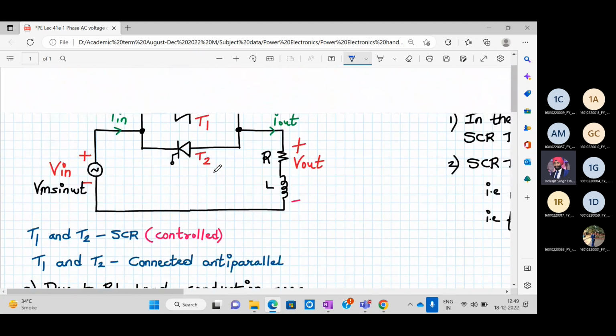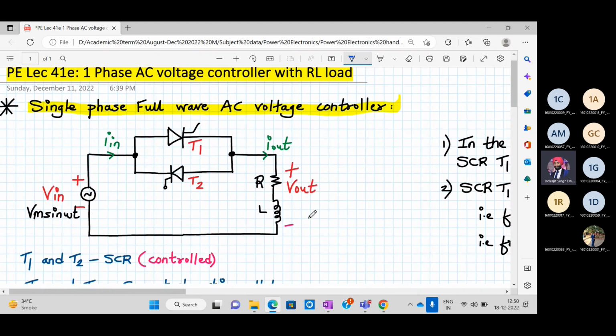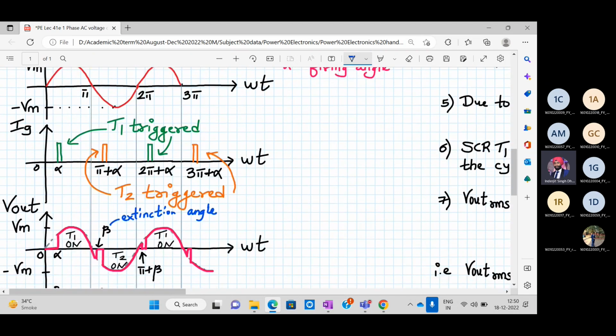So exactly the same way the circuit will operate. Only thing is you have to take care of inductor, right? So what happens in the first case? From 0 to alpha, nothing changes. Both the SCRs are off, so output is 0. Then alpha arrives, your T1 turns on, and it should stop at pi, but it will continue in the negative direction because of the inductor stored energy.